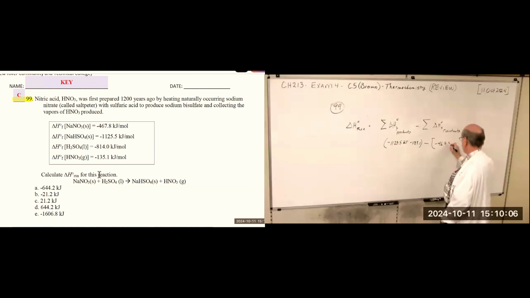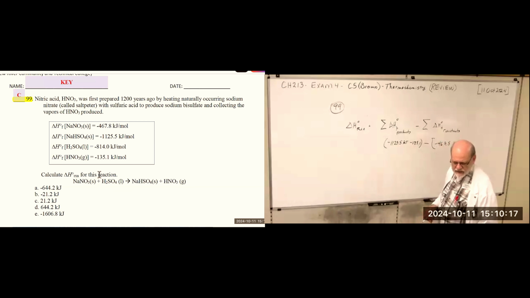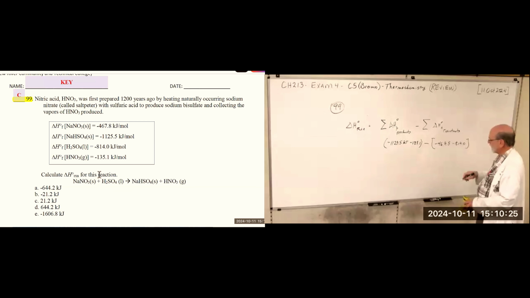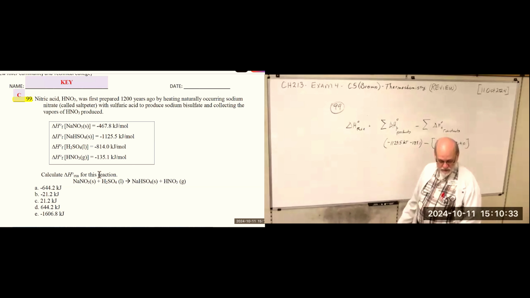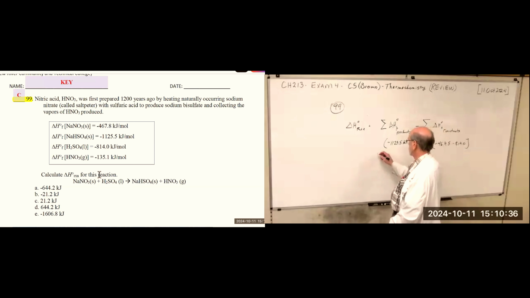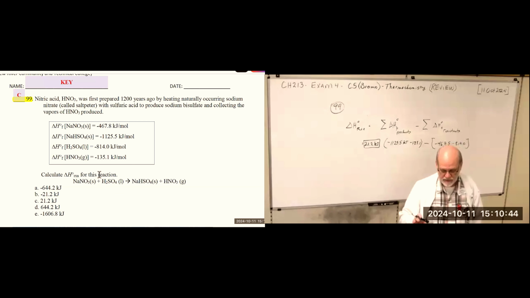And then the next one's a minus also. Sulfuric acid, which is minus 814. Okay, so whatever minus we get over here becomes positive. And if we do our math correctly, we should get 21.2 kilojoules. Positive. 21.2 kilojoules for that reaction.